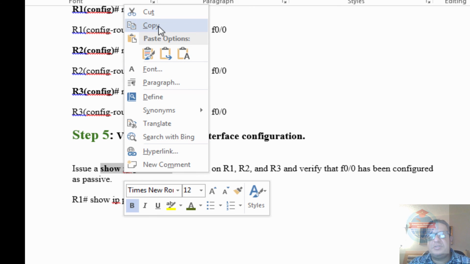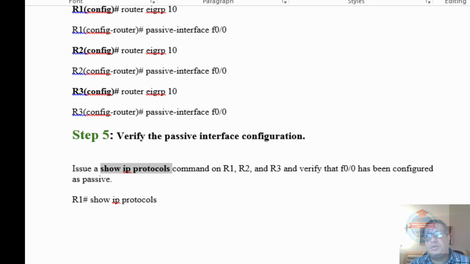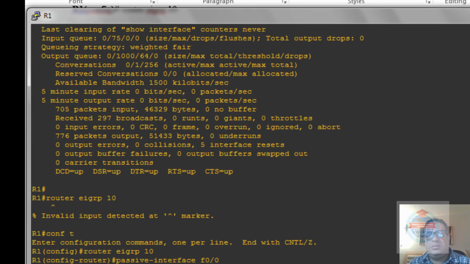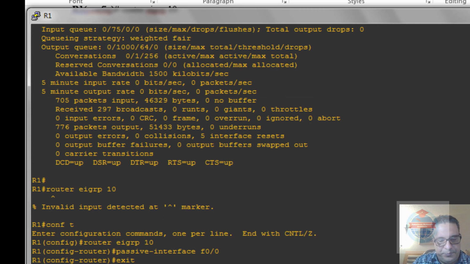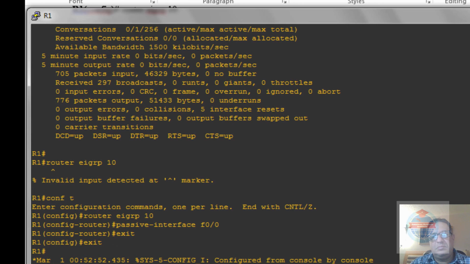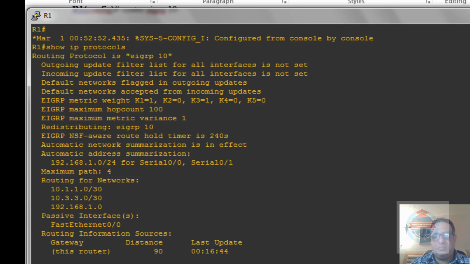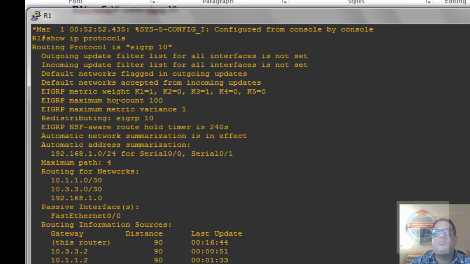So we finished doing this project. Let's double check with show IP protocols. So we see a variance of 1 over here.